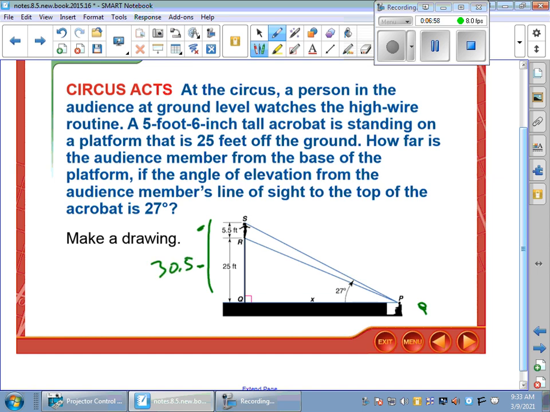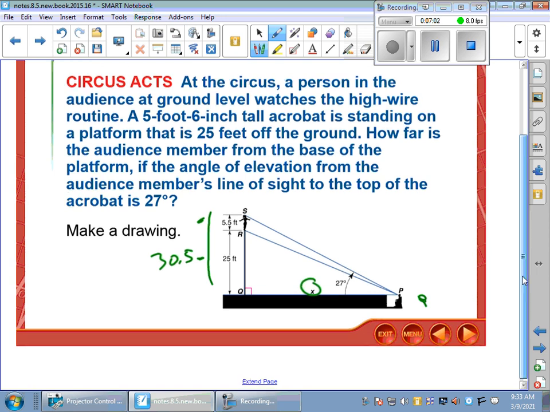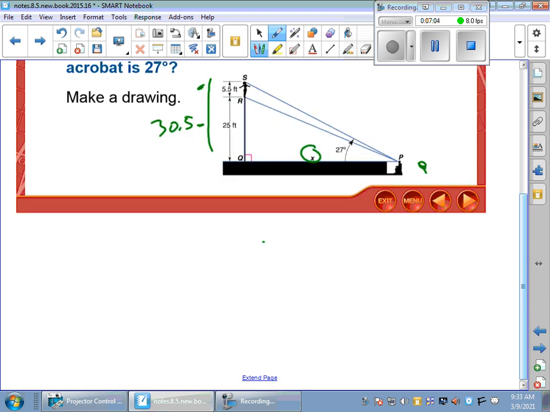So you have your angle, and this is your x. So again, set up your trig function. Circle what we have here. So here's my angle. So blank of 27 equals, what sides do they give you in relation to the angle? They give you opposite over adjacent, and that is tangent.